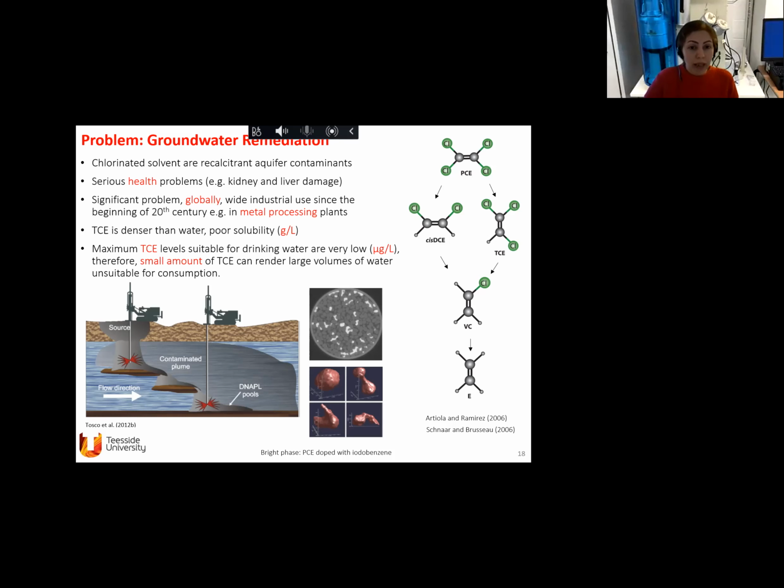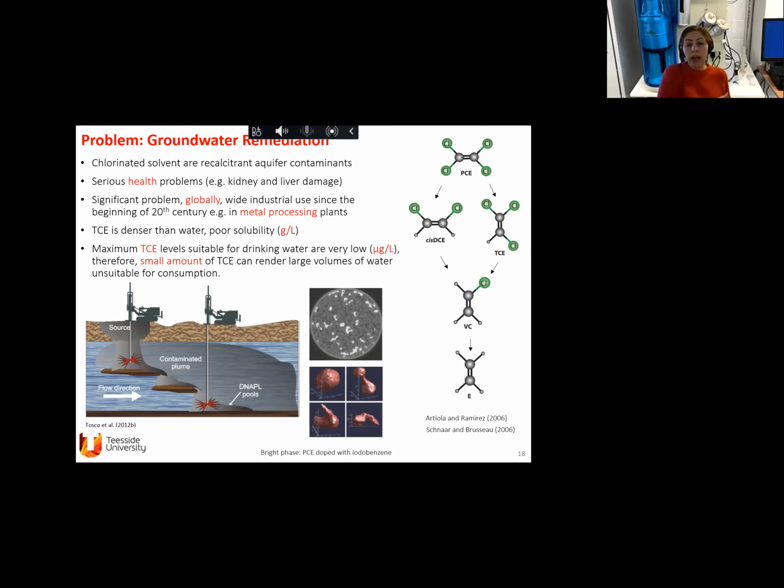So in the past, conventionally, if you have a leakage at the surface, so the problem starts like this, that you have a leakage at the surface of this contamination. These are denser than water, so they start to penetrate through layers just beneath the release source, and they would keep going until they actually hit an impermeable barrier, and they basically create a source of contamination in that area.